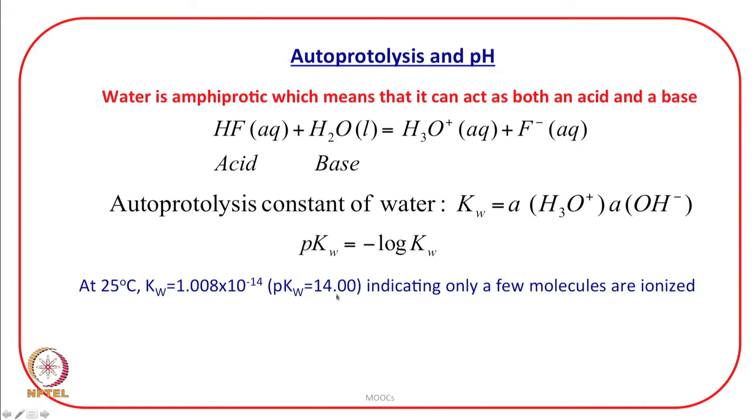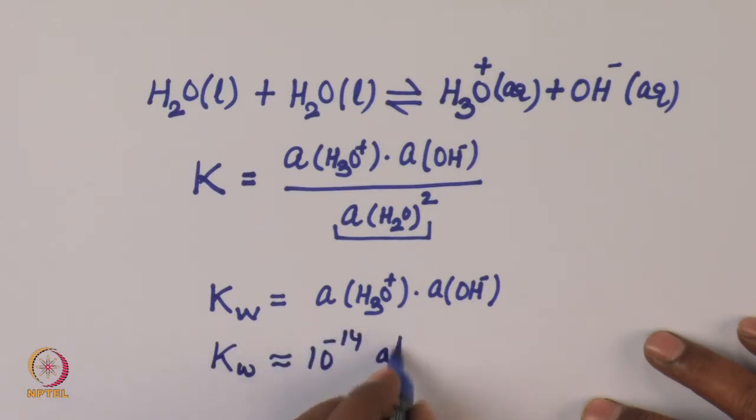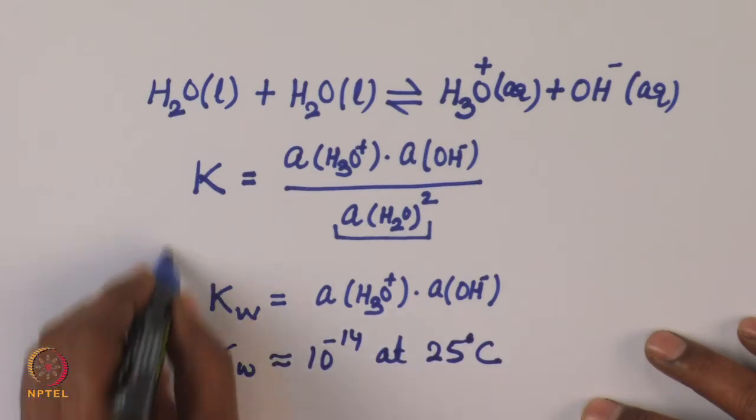So, that means pKw comes out to about 14, and since K is so small, 10 raised to the power minus 14, let me write here Kw is 10 raised to the power minus 14 at 25 degrees centigrade for this reaction.